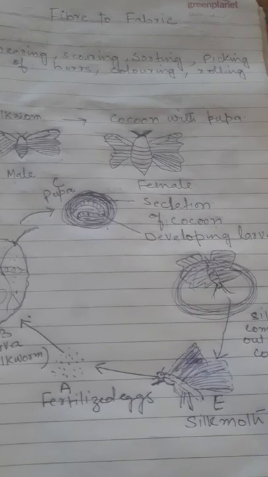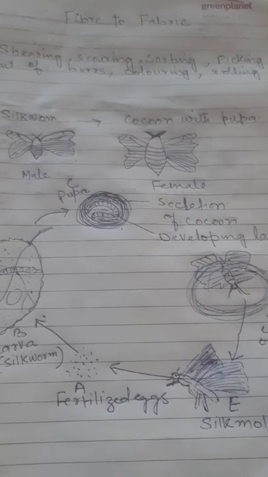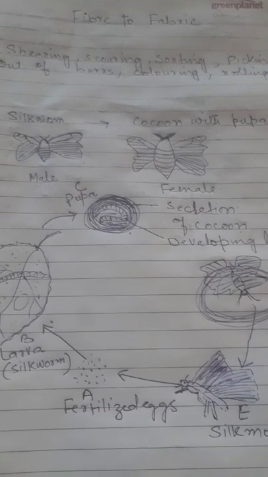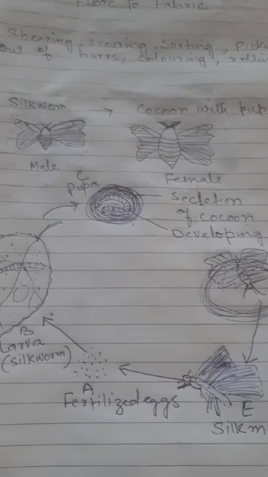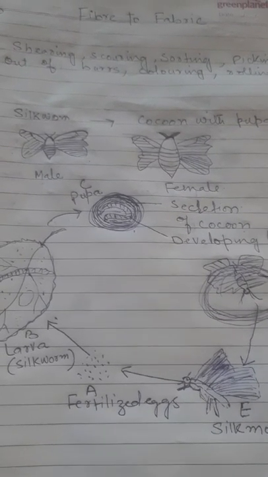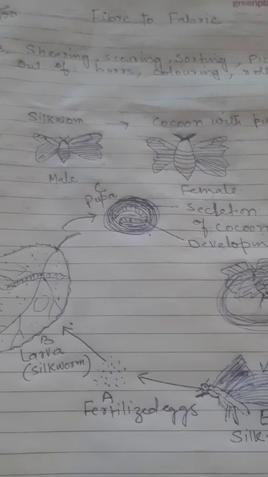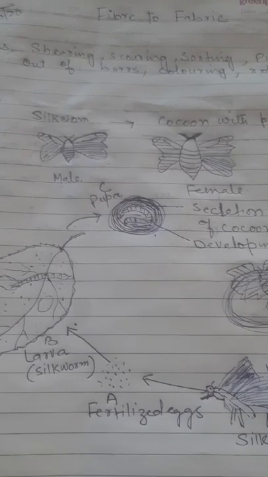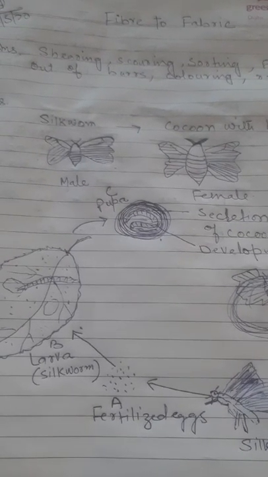Mulberry leaves are the food of silkworm, so option C for 2. Then 3 is yak. It's also a wool yielding animal, so option B is for yak. Then is cocoon. Cocoon yields silk, so option A is for cocoon.